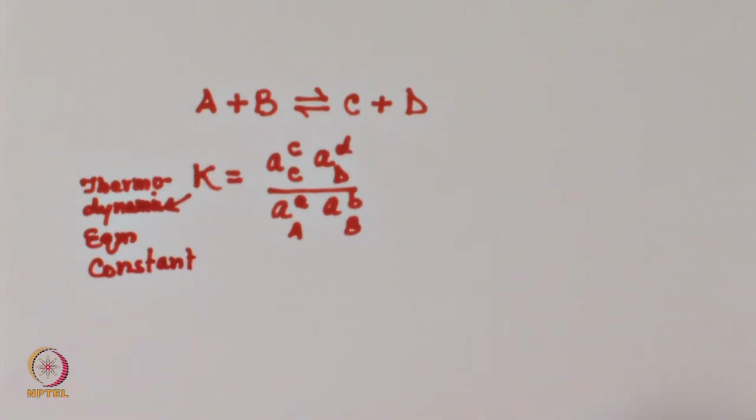And how do we measure the value of equilibrium constant in the laboratory? Even if I take the same example that A plus B is reacting to form C plus D, how will you determine the value of equilibrium constant? In the laboratory we do not directly determine the activities. When you prepare solutions, you usually prepare them in terms of molality or molarity or mole fraction.